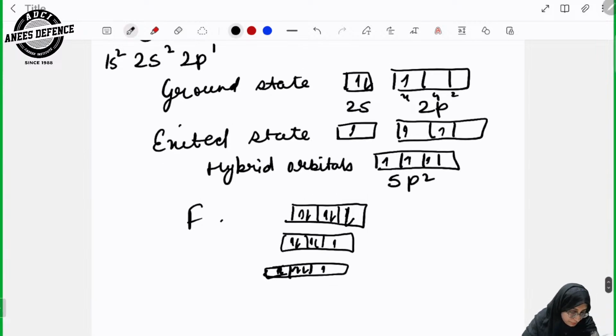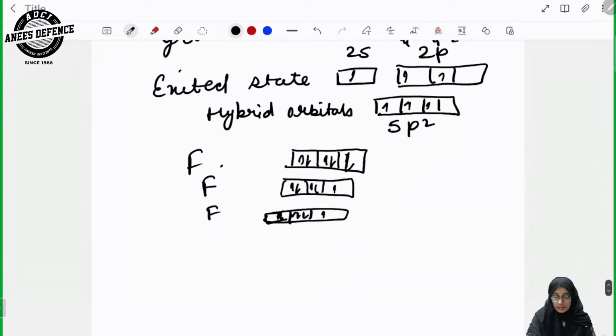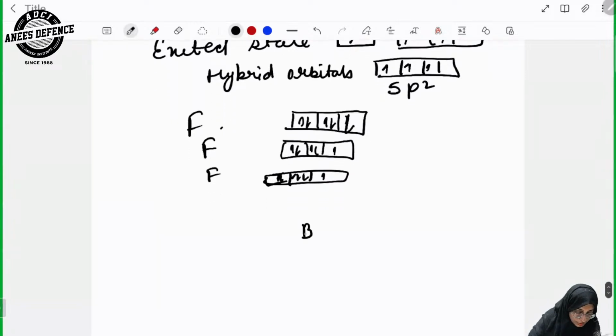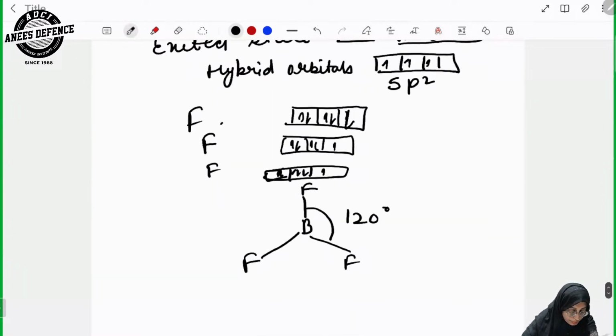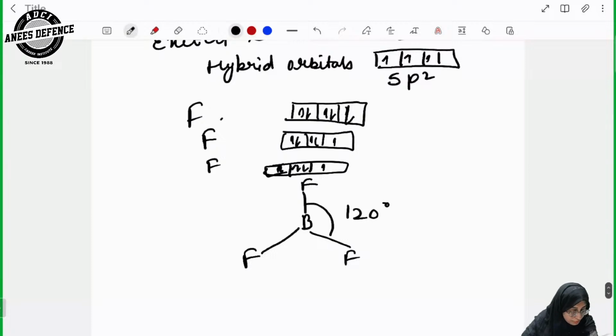Are you getting me? This way they make BF3. What will be the structure of BF3? This is the geometry of BF3. The angle between the B-F bonds is 120 degrees. There will be three sigma bonds and no pi bond.